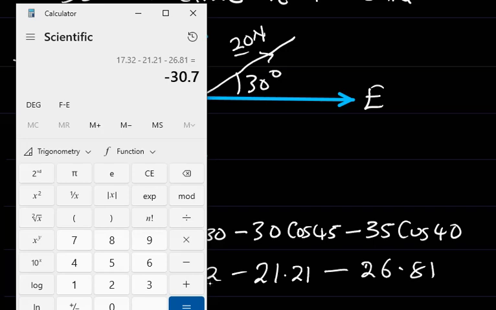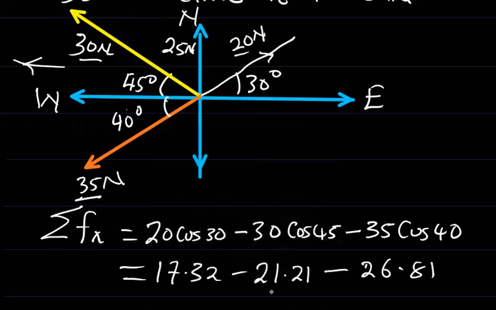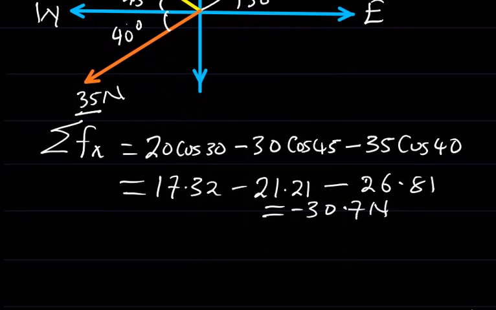That's going to be minus 30.7 Newton. So let's go straight to the sum of the vertical component.